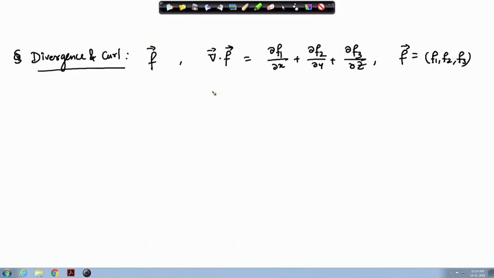Similarly, the curl of f is defined as nabla cross f, and we calculated via that determinant what it would look like.